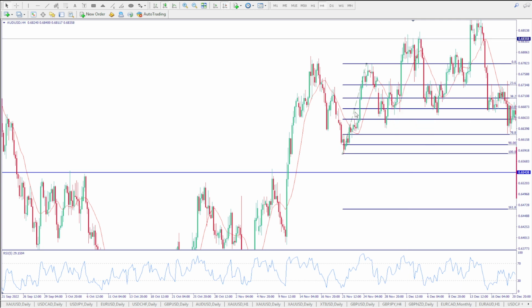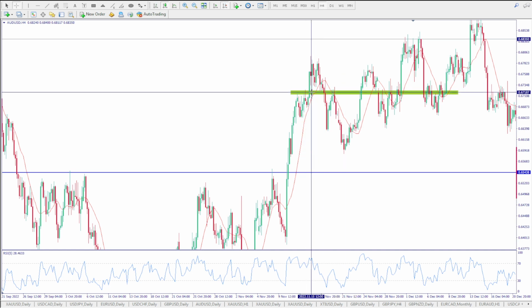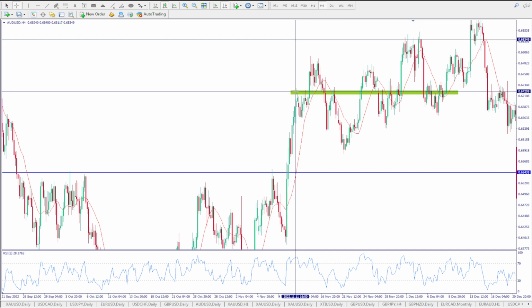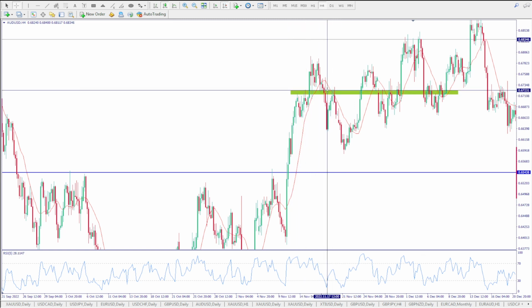So the example is, in the traditional way, I have a nice resistance zone right here. See, almost 2-3 weeks worth of resistance zone.